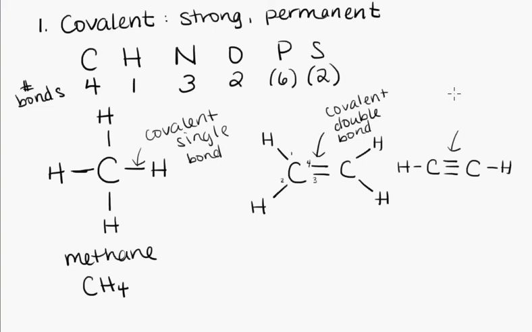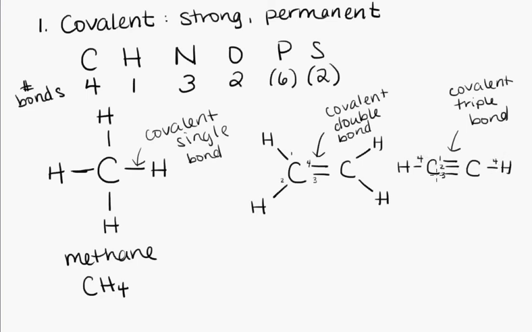But triple bonds are still covalent because they're solid lines, but there's 3 single lines, and as you'd predict, as we saw in the double bonds, each one of these counts as 1 covalent bond. So there's 1, 2, 3 bonds here, and there's our 4th bond there, and our 4th bond there.